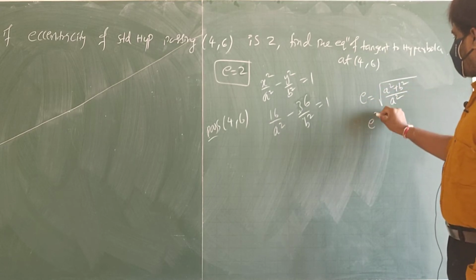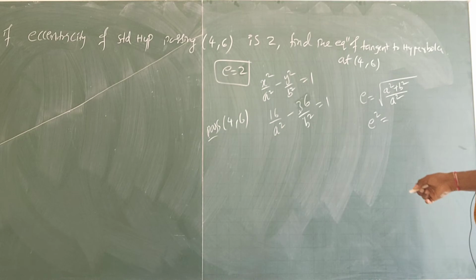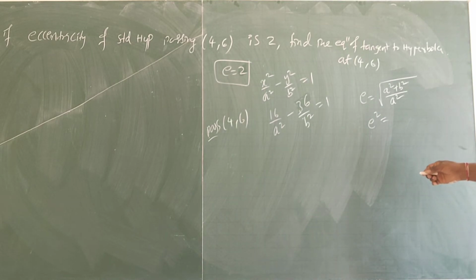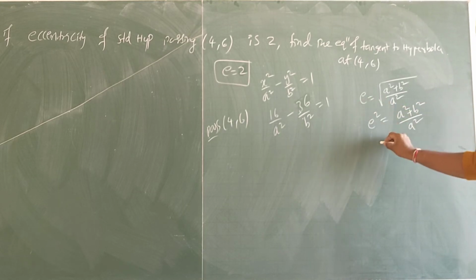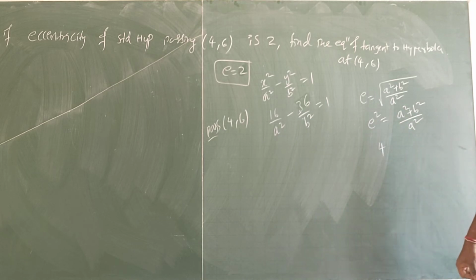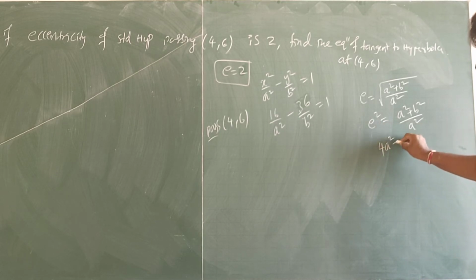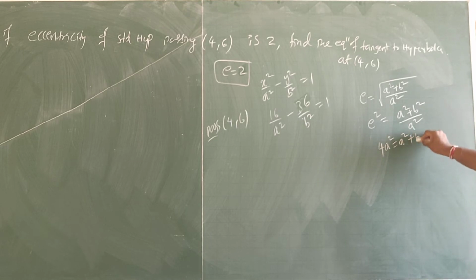Squaring on both sides, e square is equal to a square plus b square by a square. E square value is 4 here. Understood? So 4a square is equal to a square plus b square.